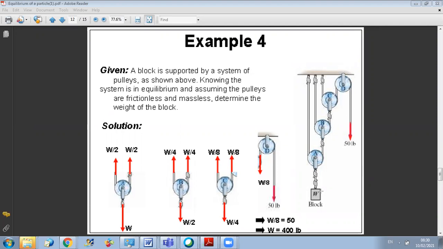Because I don't know the weight of the block, but I know the force here. The force here is 50. Since this force is known, I can start the analysis from pulley D. We have seen that when we deal with frictionless and massless pulleys, the tension will be the same over the pulley.